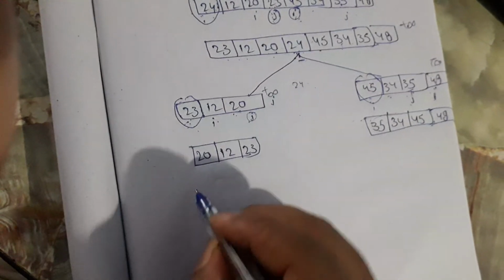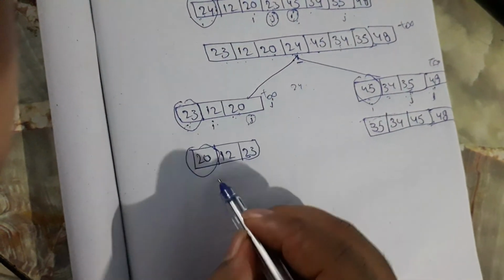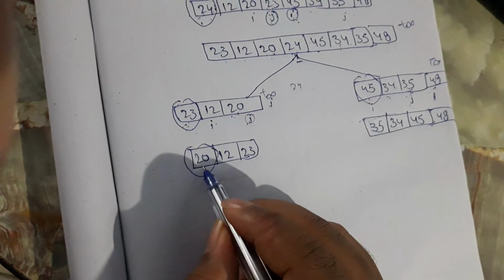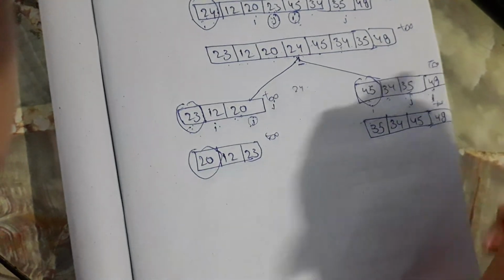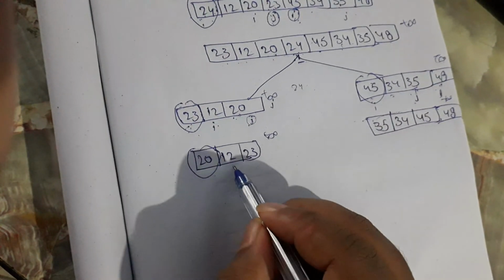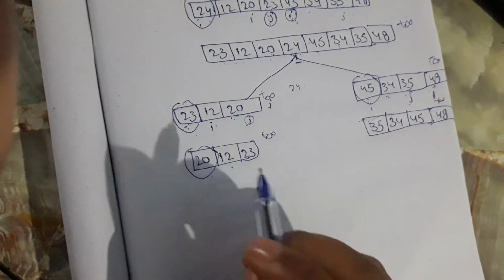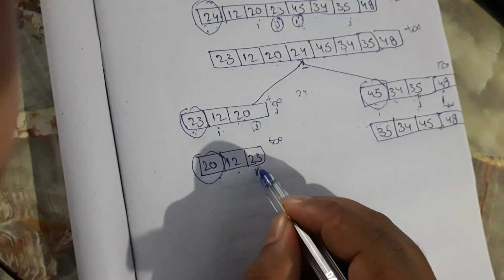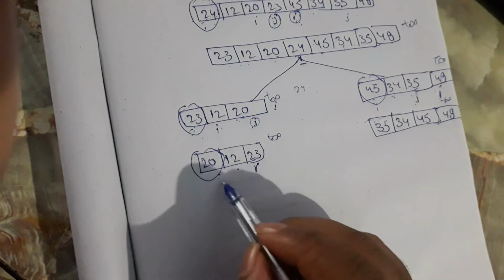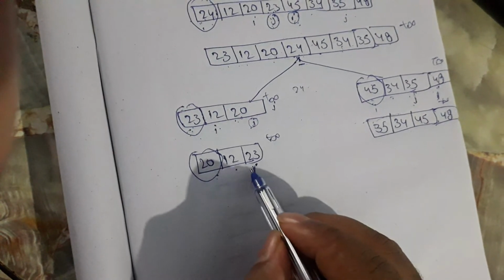Now here this is your pivot. 20, infinity. Is 12 greater? No. 23 is greater. Yes, it's the I value. Now J value.